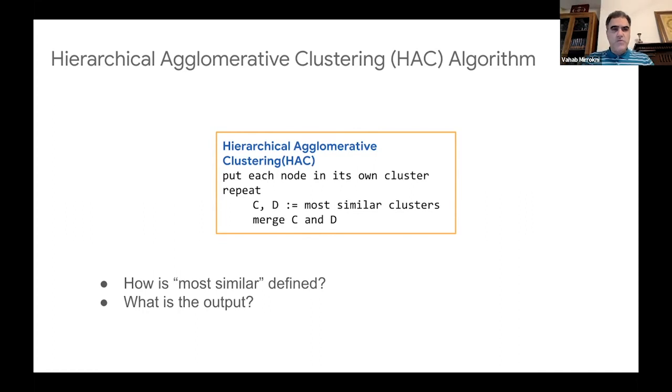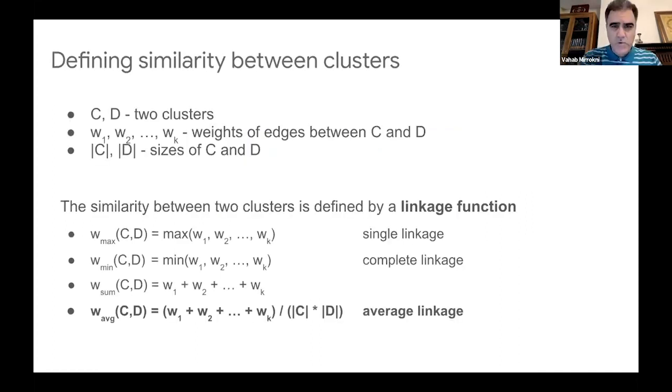Now, in order to define the hack algorithm, we also have to define the linkage function, or the similarity between clusters. In a single linkage clustering method, the similarity between 2 clusters is related to the maximum similarity between any nodes.